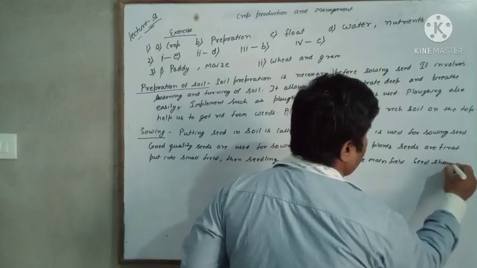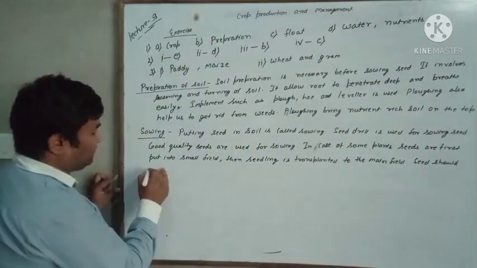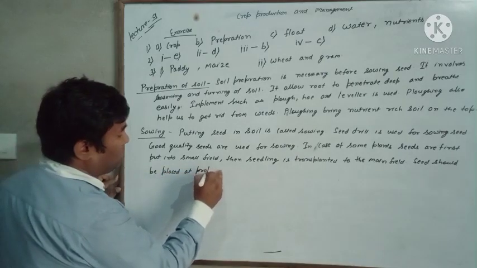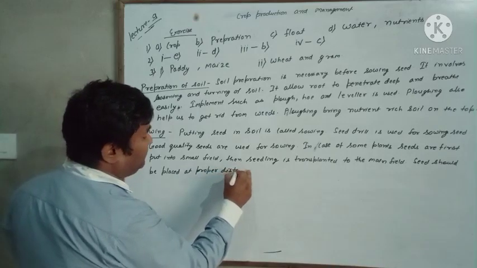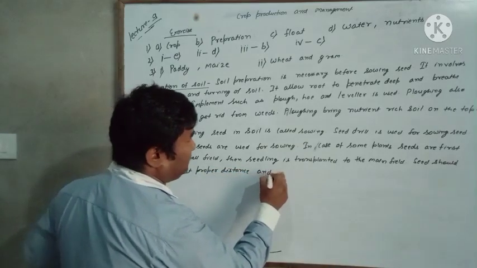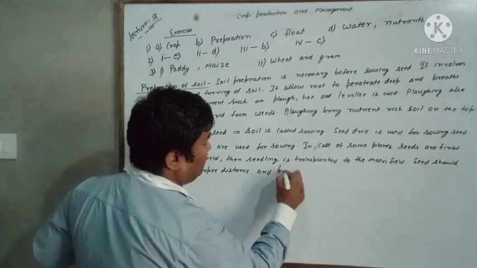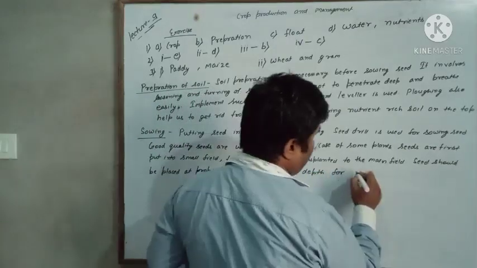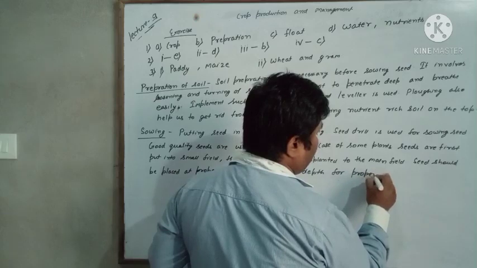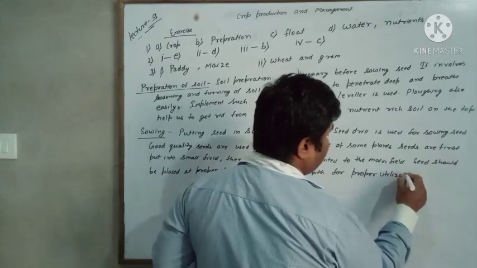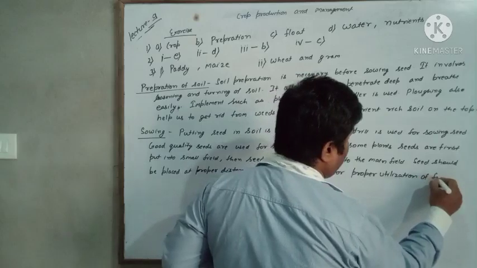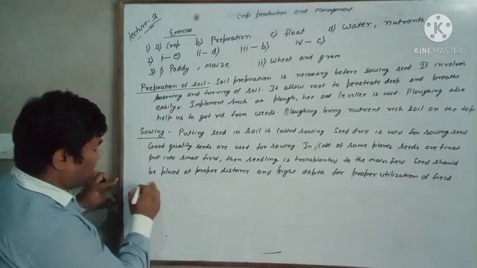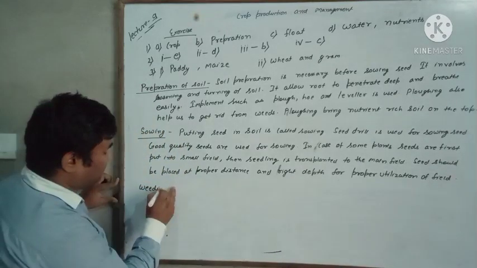Seed should be placed at proper distance and right depth for proper utilization of the field. Okay, sowing. Next is weeding.